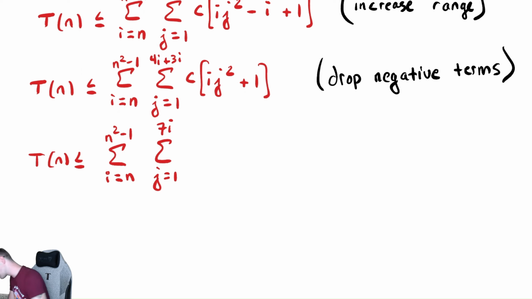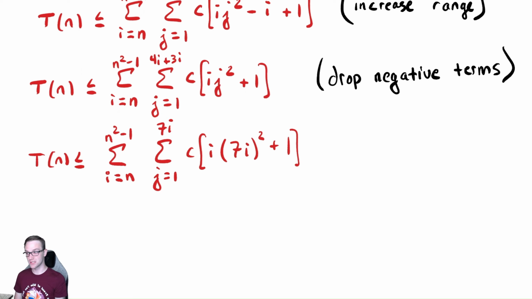By combining terms in that top bound, we get 7i, and then inside of that sum, to make it as big as possible, I will replace j with 7i. So we have c times quantity i times j, which is getting replaced with 7i, quantity squared now, plus 1.